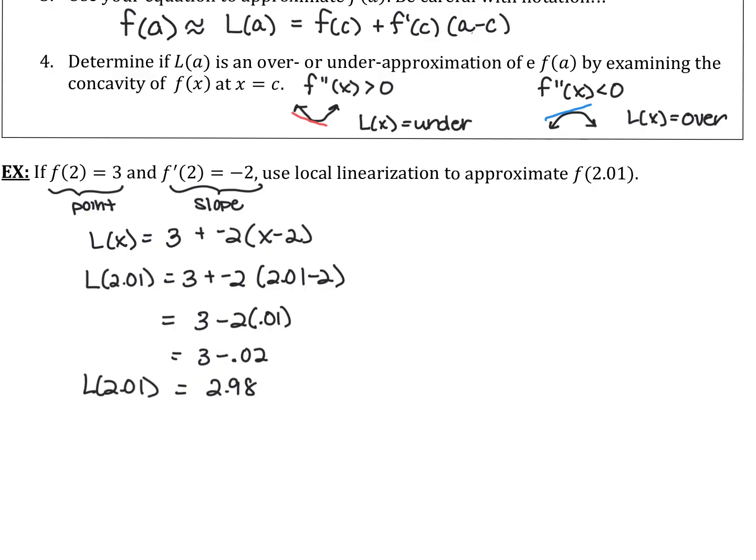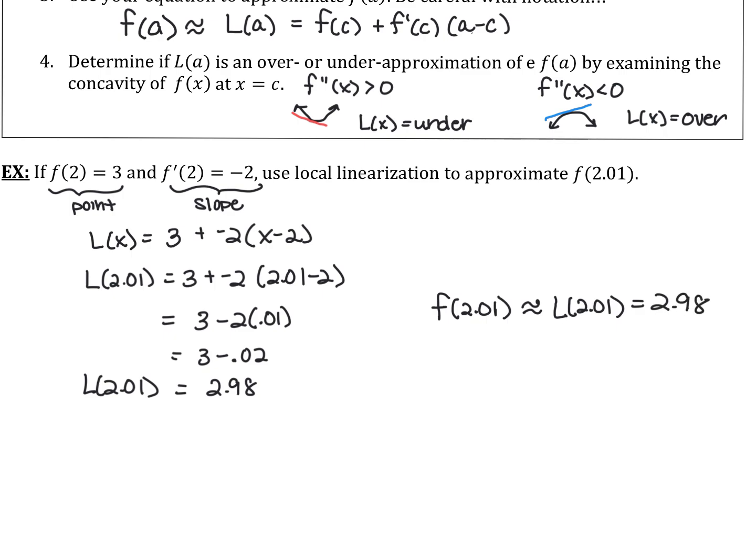The linear approximation is 2.98 when we plug in 2.01. That is not the function value. But what we do know is that the function value of 2.01 is approximately the linear approximation of 2.01, which means it is approximately 2.98.